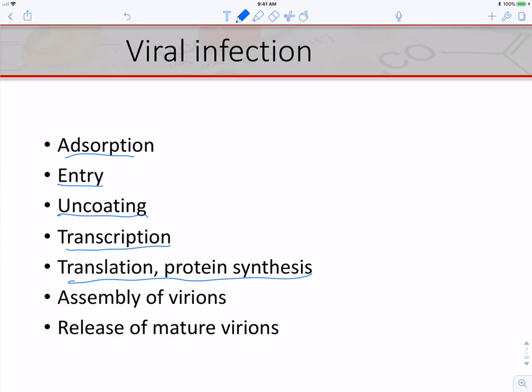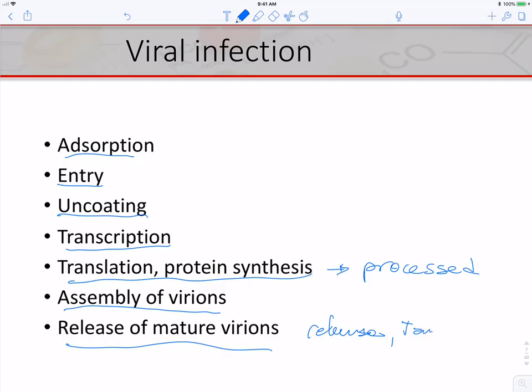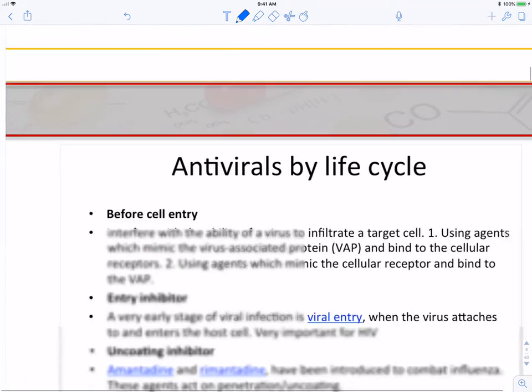From protein synthesis, the viral proteins often need to be processed. And we'll see that enzymes in charge of processing viral proteins are the target, for example, of anti-HIV protease inhibitors. Then the virus needs to assemble inside the cell and needs to be released. And so Relenza and Tamiflu address that step in the flu virus and prevent the release of mature variants.